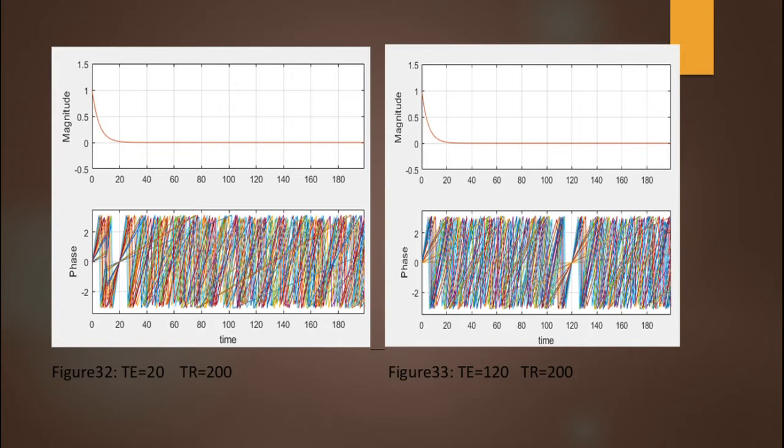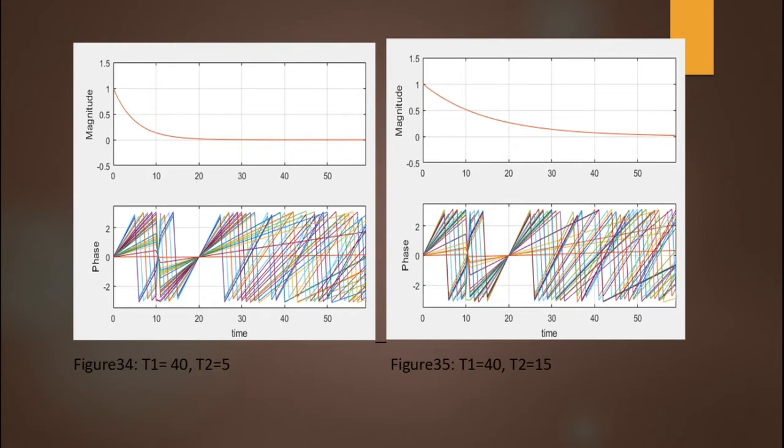When TE is changed, the spins rephase at a different time. They rephase after TE time. In the first one, it's 20 seconds, and the second one is 120. When T2 is increased, the magnitude should reach steady state later because it is the T2 decay.